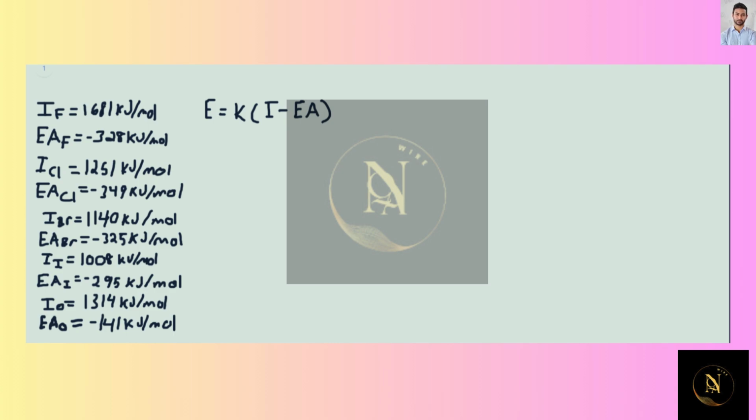So we're going to start out by just plugging things into our equations. So E of F is K times 1681 plus 328, which equals K times 2009.